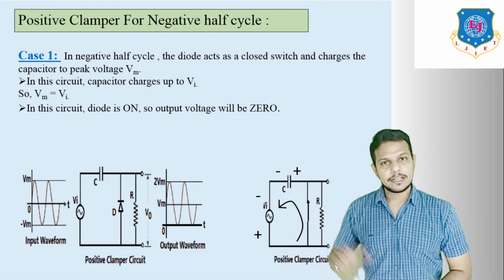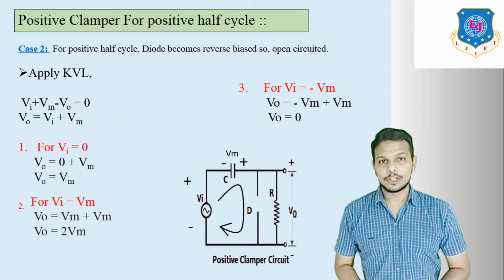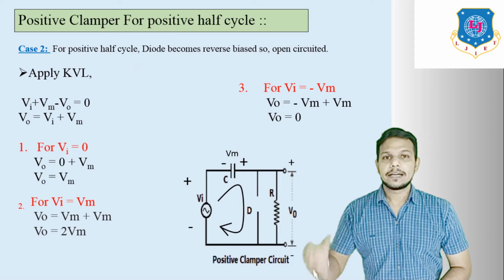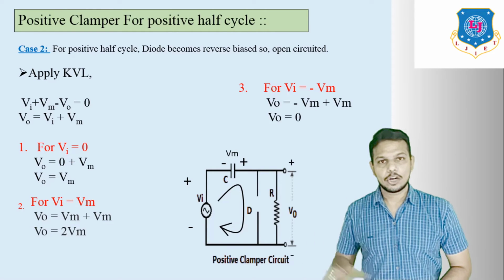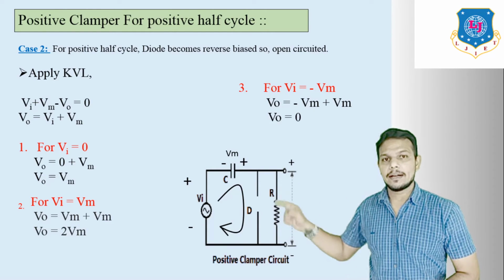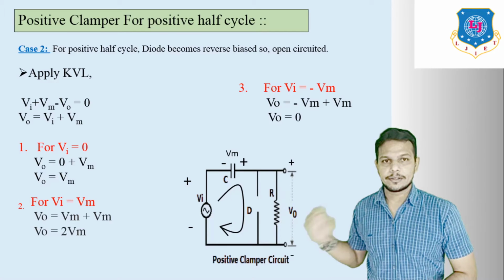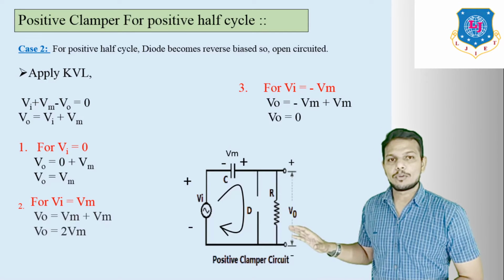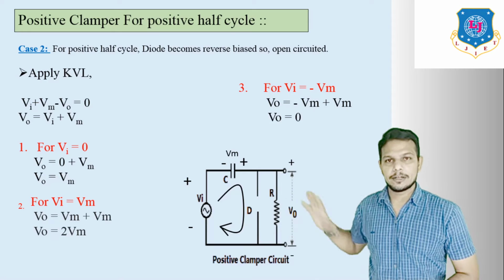Here the capacitor is charging. In case number 2, the capacitor is actually discharging across this RL, or we can say the resistor, because we will get output voltage across this terminal.